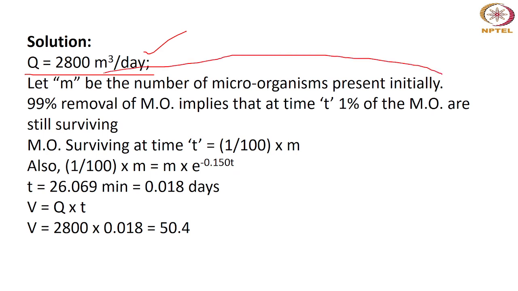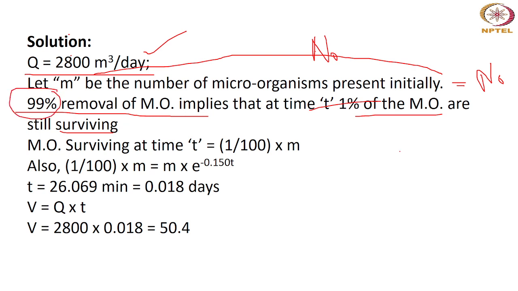Then 99% removal of microorganisms actually means that at time t, 1% of the microorganisms are still surviving. If 99% is removed, then 1% is still there.